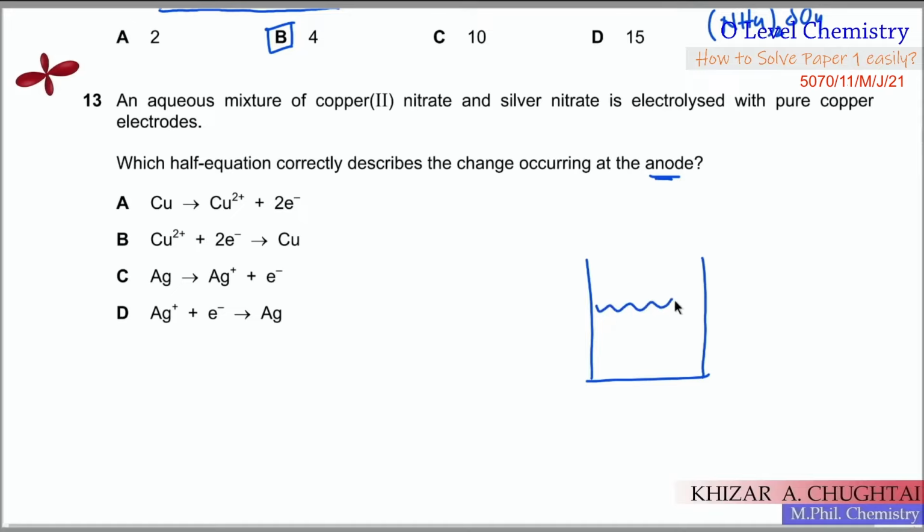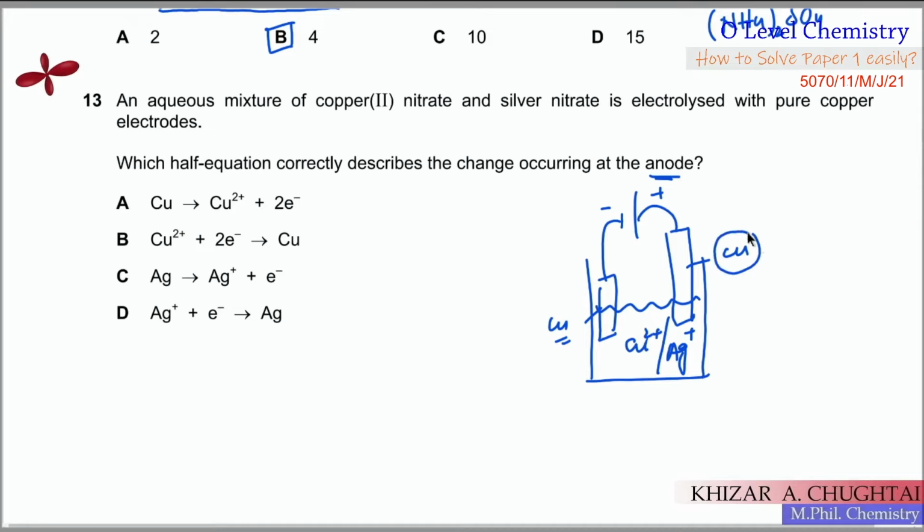It is an electrolyte containing Cu2+ ions and Ag+ ions as well, and 2 copper rods, the anode and the cathode, both are copper rods.